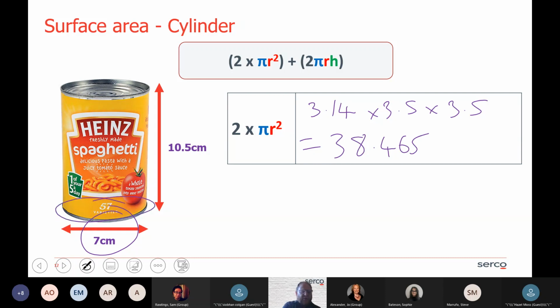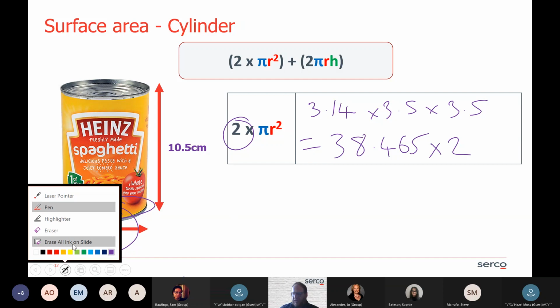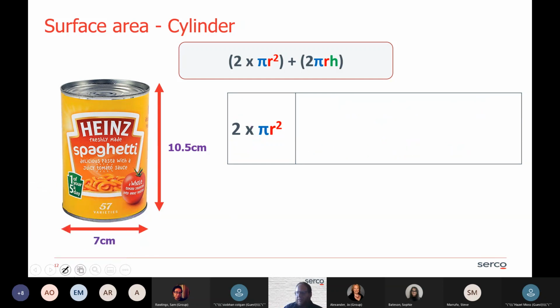And that's for either the bottom or the top. But our formula says we've got two of them, which we have. So we're going to multiply that by 2. And just to make space on the screen, I'm going to erase all of that. And that gives me a figure of 76.93, and we're in centimetres. And we've worked out area so far, so centimetres squared.